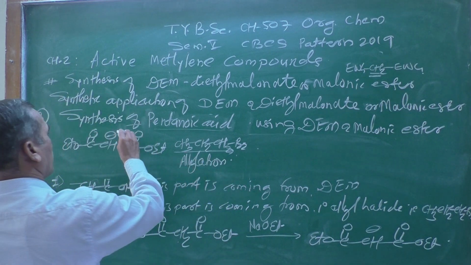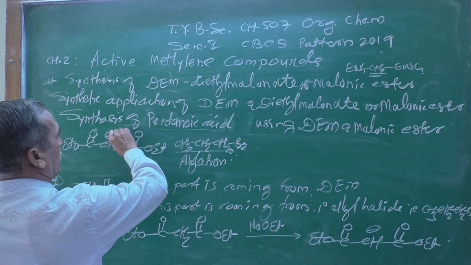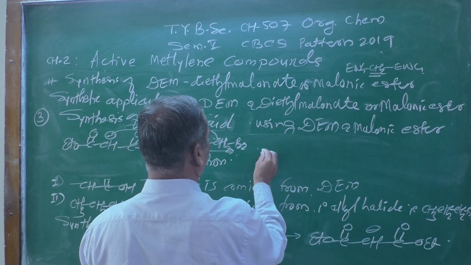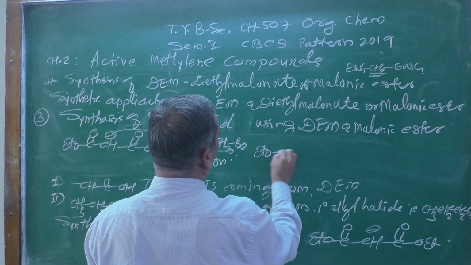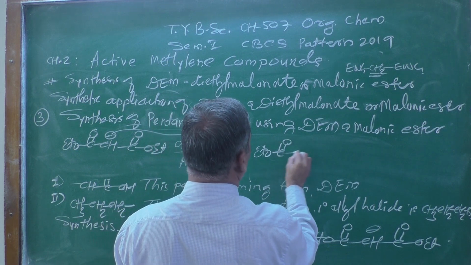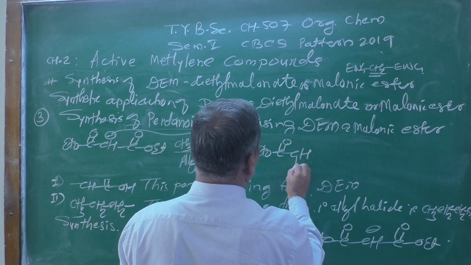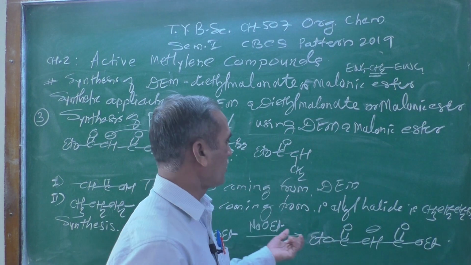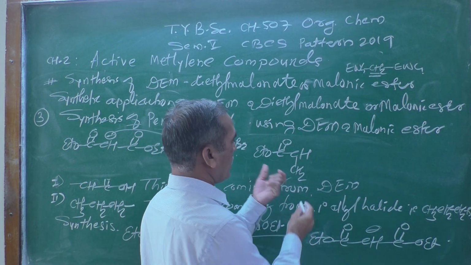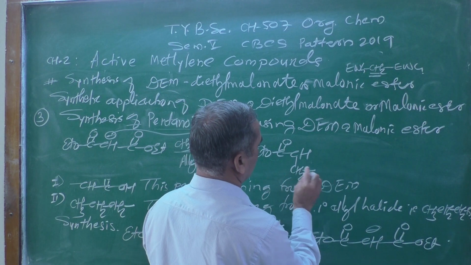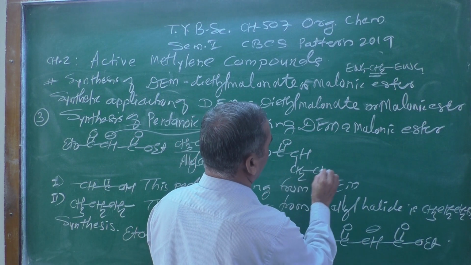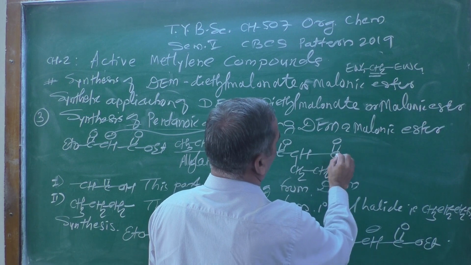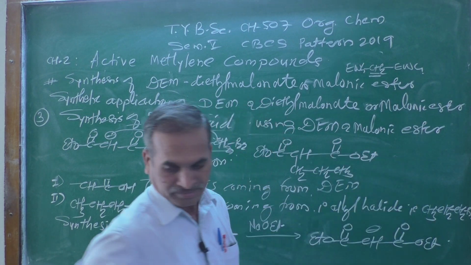Now this negative charge can attack on this CH2, and you will get EtO-C(=O)-CH, then I am writing the propyl group neatly here, CH2CH2CH3, C(=O)-OEt.